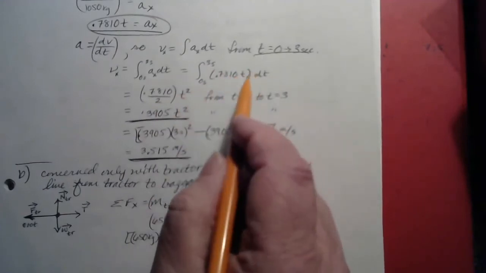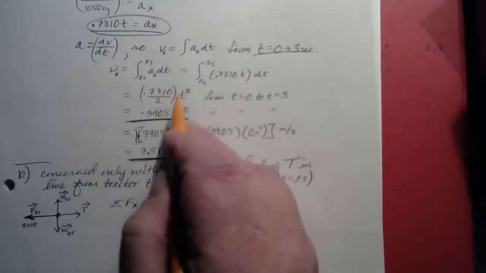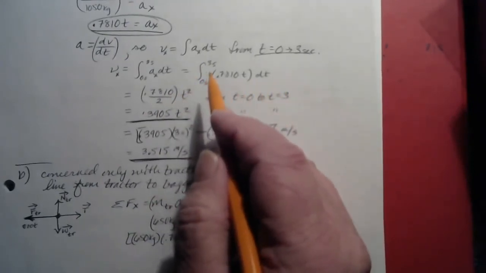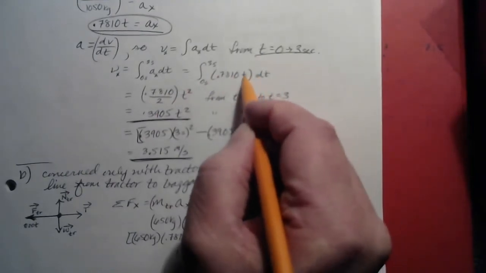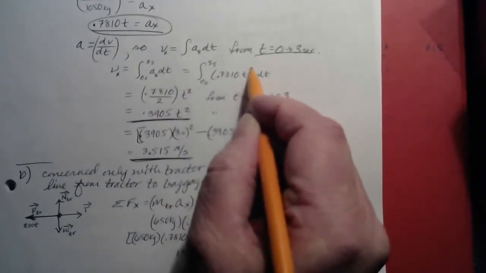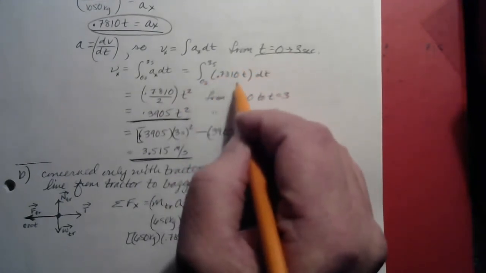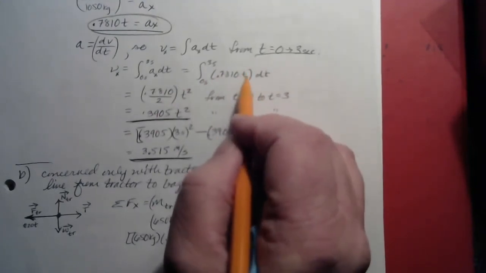And that is 0.7810 over 2 times t squared. Because remember, when you're taking an integral, you take the variable and raise its power by 1, and then divide the coefficient by that number. So t in the original integral is to the first power.